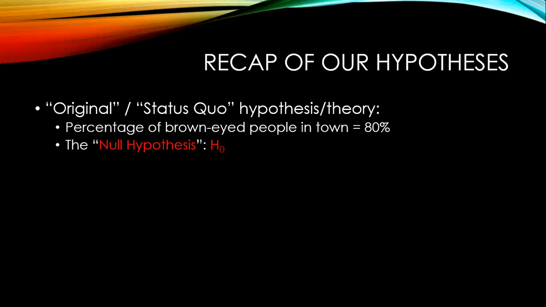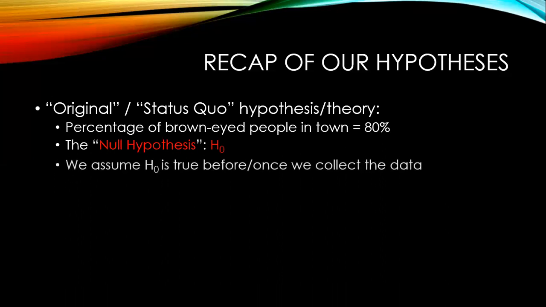A null hypothesis is always something equals a number, a percentage, or a probability. That is the original belief. Originally, before we did this investigation, some people thought that the percentage of people in your town with brown eyes was 80%. That's called a null hypothesis. That's the original hypothesis before we do any investigation.